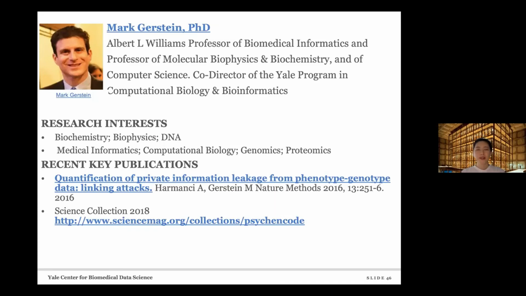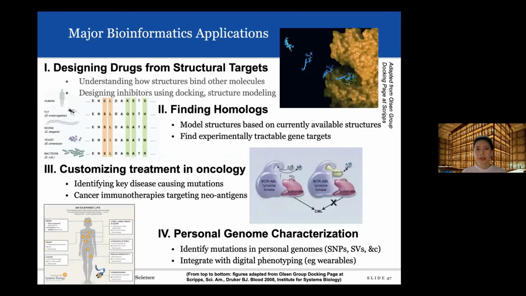Mark is a well-known professor in the field of bioinformatics. He's a frequent publisher in Nature and Science. His team has more than 40 students and trainees. I think he's a very well-known and respected researcher, both within Yale and beyond.